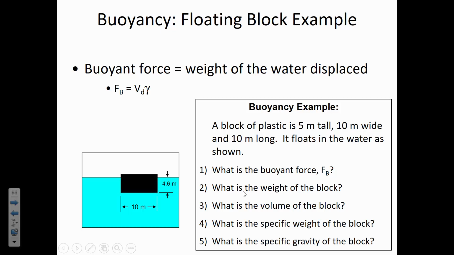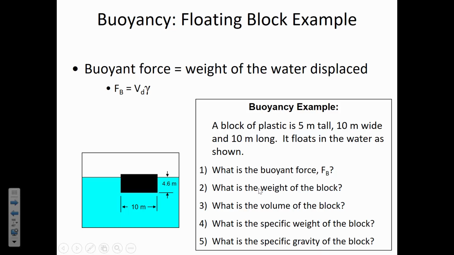So here's just one of those examples. What I'd like you to do is consider this plastic block, and from the dimension drawing and the description here, you can see that it's partially submerged. And based on the way that it's floating, we can answer a lot of questions about that block. We can figure out what's the buoyant force.